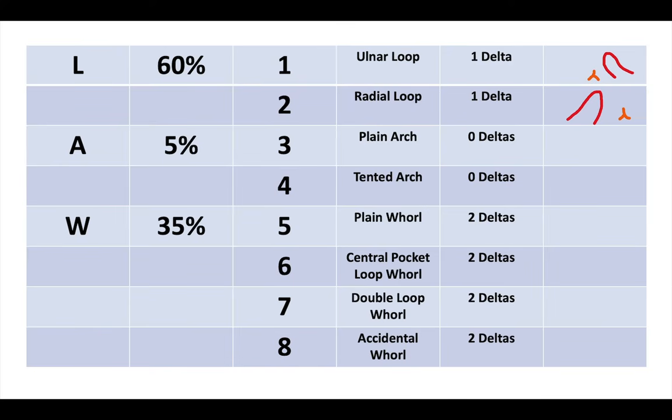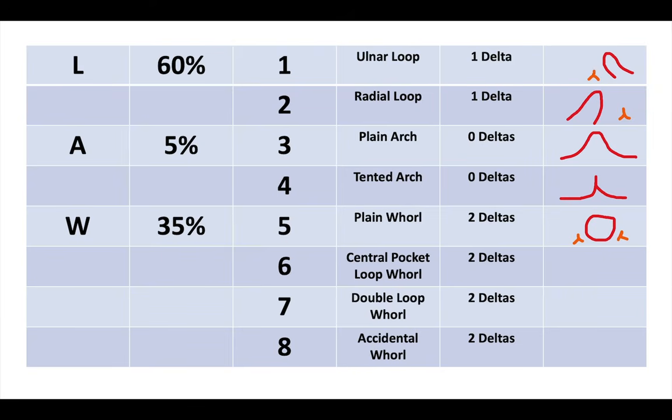And notice you have 1 delta for any loop. A plain arch just kind of goes up and down, nice and gradual, no deltas whatsoever. But a tented arch is pretty sharp, comes up sharp and comes back down. Real dramatic. With all whorls, you always have two deltas.